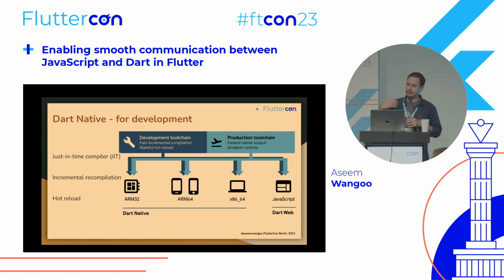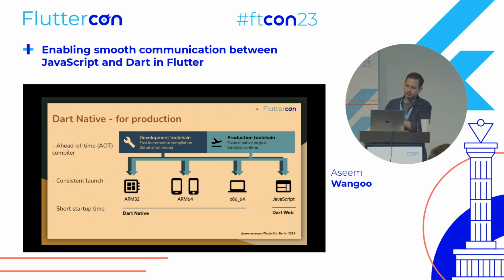Then let's go into the other side, which is Dart native for production. Whenever we want to run apps, or whenever our apps are ready to go into the App Store or Play Store, or let's say our code is ready to be deployed to the backend, we want those optimizations, those garbage collections, those dead code eliminations and whatnot.